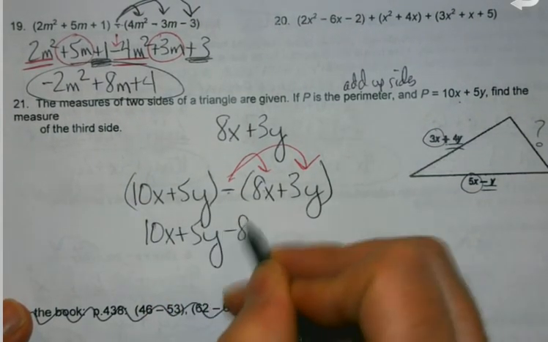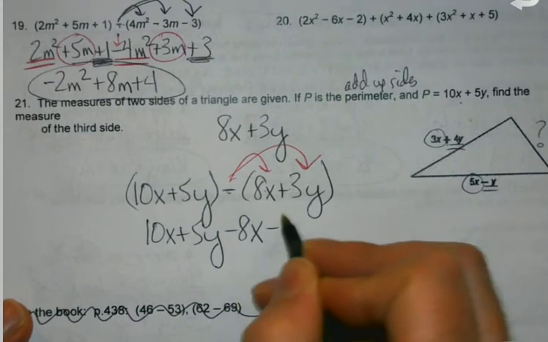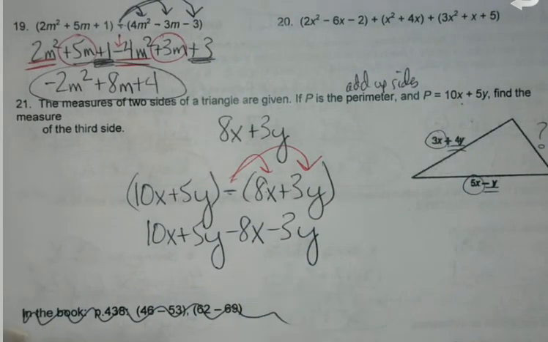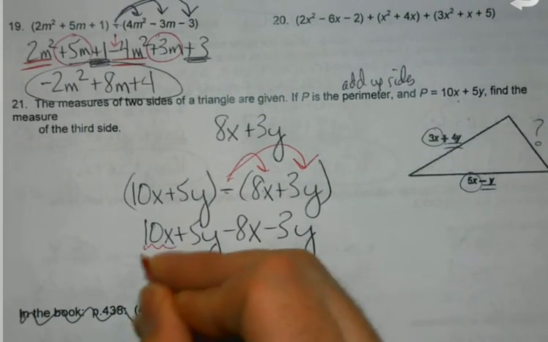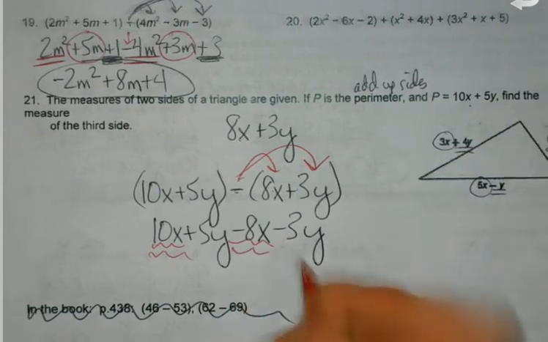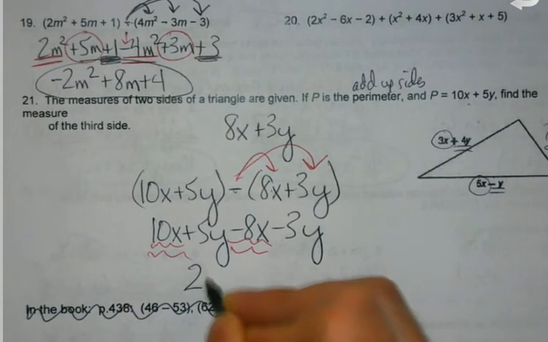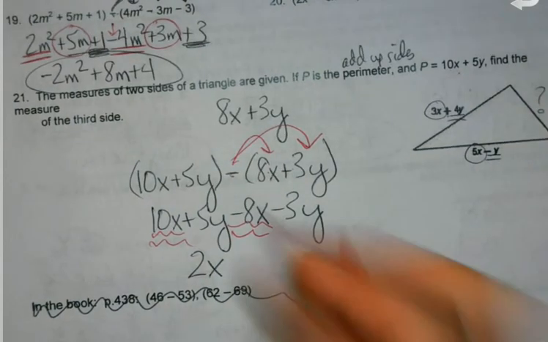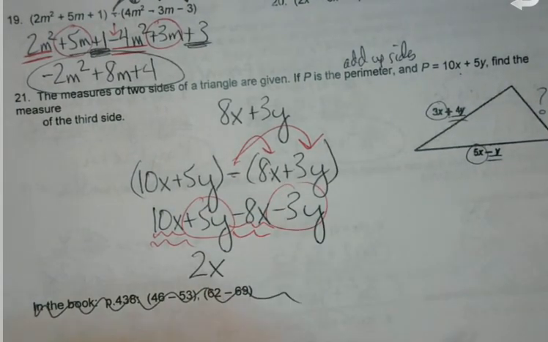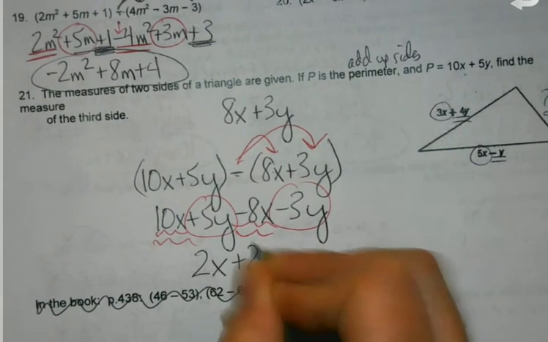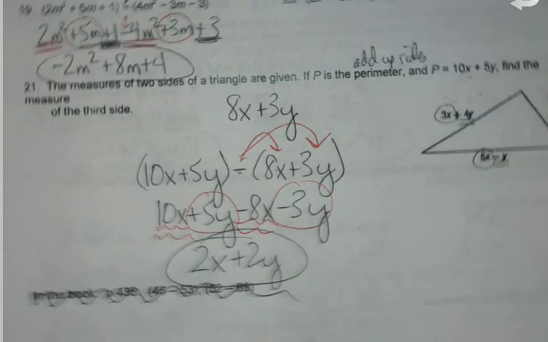Change the sign on my 8x, change the sign on my 3y. And carefully combine like terms, watching the signs. 10 minus 8 is 2. 5 minus 3 is 2. And I have my mystery side.